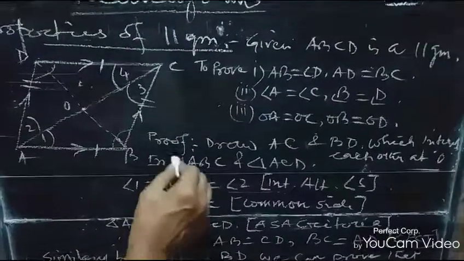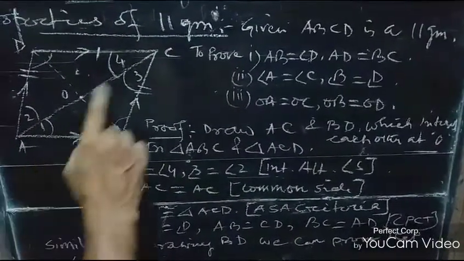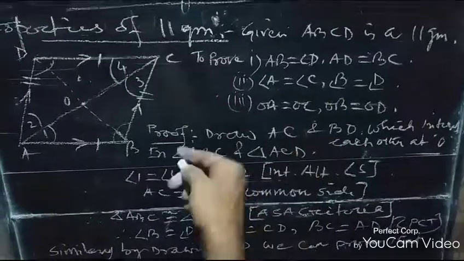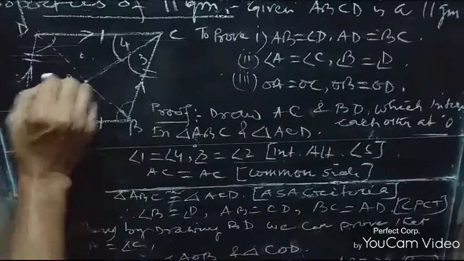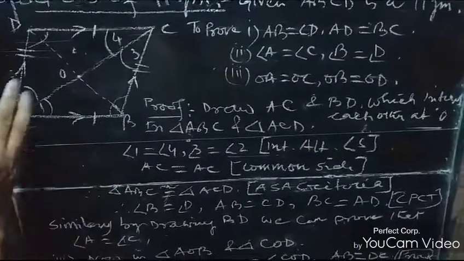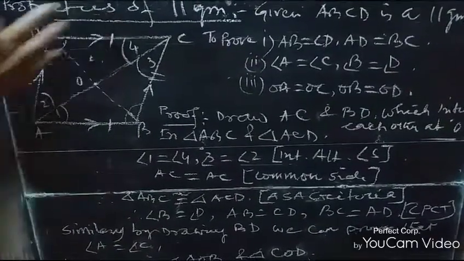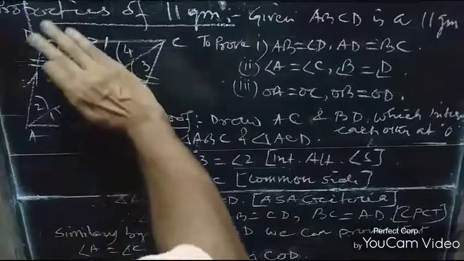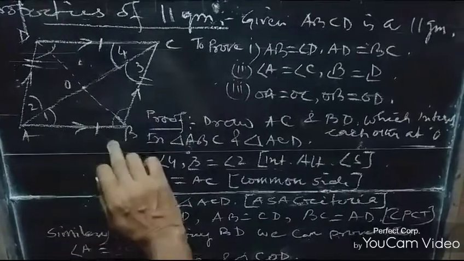See, proof. We are drawing AC and BD. They are diagonals, and they intersect each other at O. Now consider triangle ABC and triangle ABD.